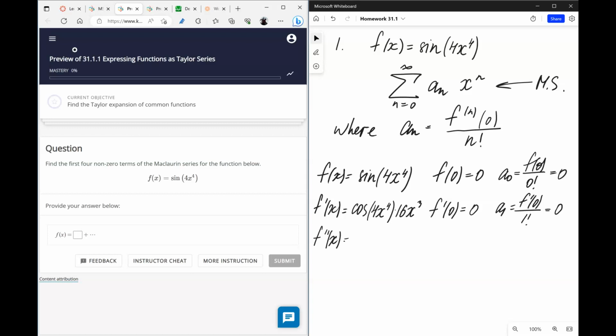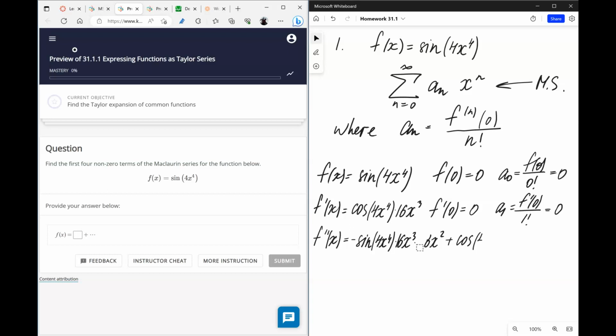For the second derivative, we have to do the product rule. The derivative of cosine is negative sine 4x to the power 4 times 16x cubed times the derivative of the second part, which is 48x squared, plus cosine. Actually, what am I doing here?